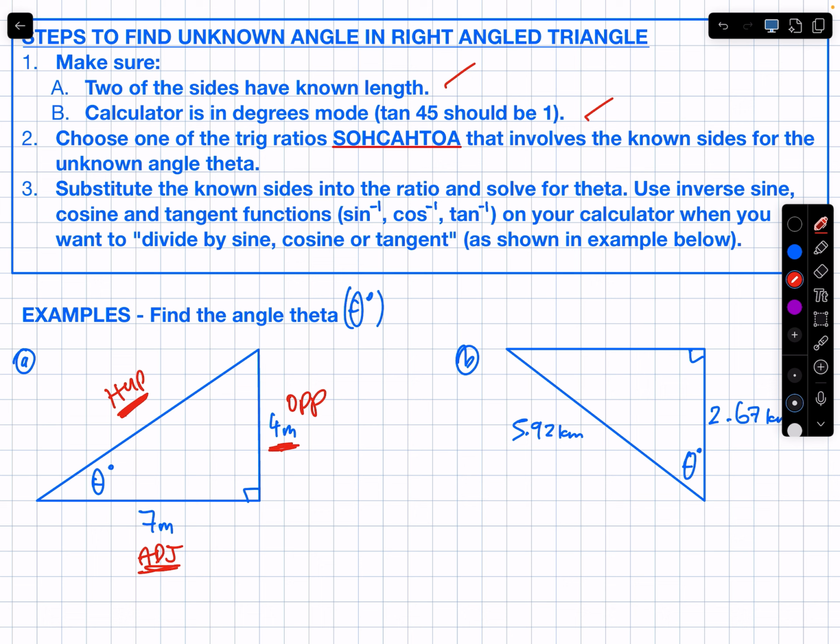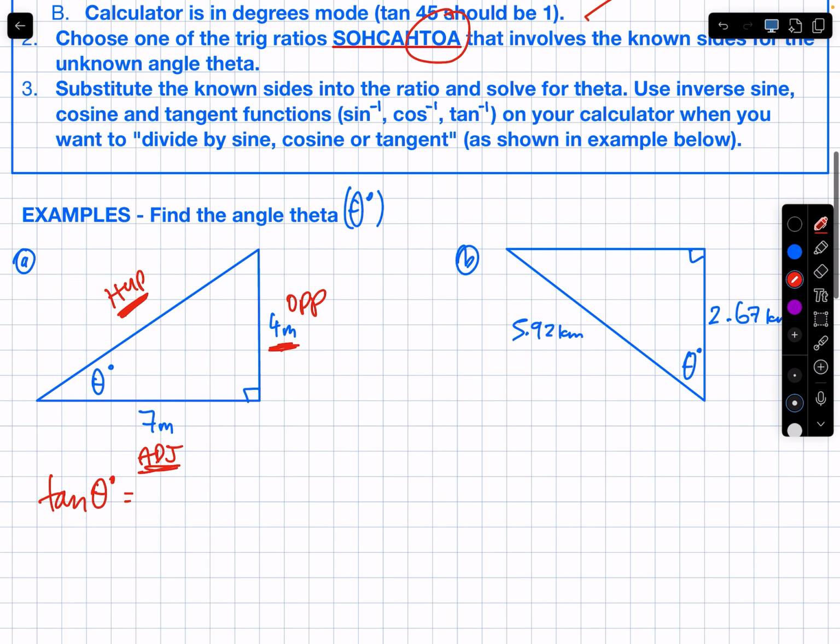Which of these SOHCAHTOA involves the opposite and the adjacent? TOA. We're using tan for this. So what you're going to write: tan theta, I don't know what the angle is, equals opposite 4 over adjacent 7.